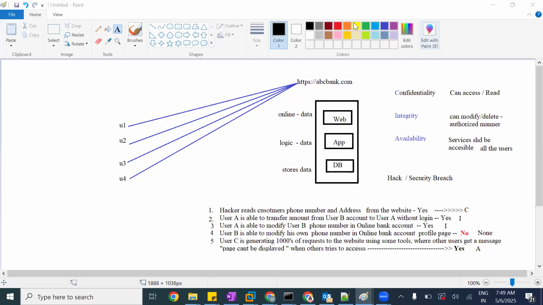The three principles of information security are confidentiality, integrity, and availability. Don't get confused between these two. These two are completely different concepts. The number three doesn't always mean it is CIA. Depending on the question, you have to answer it.